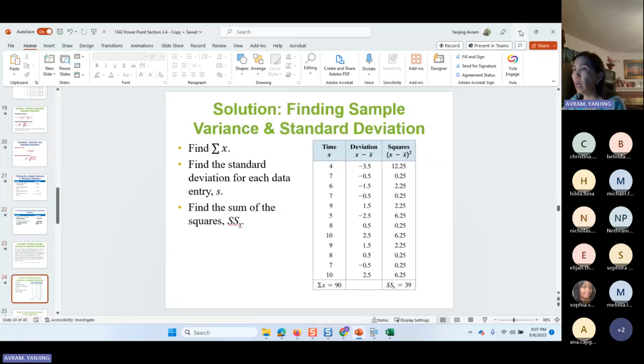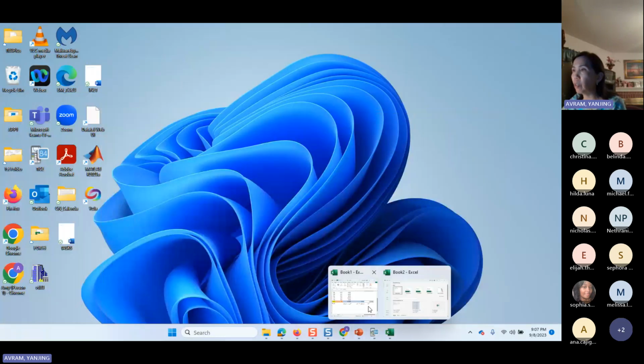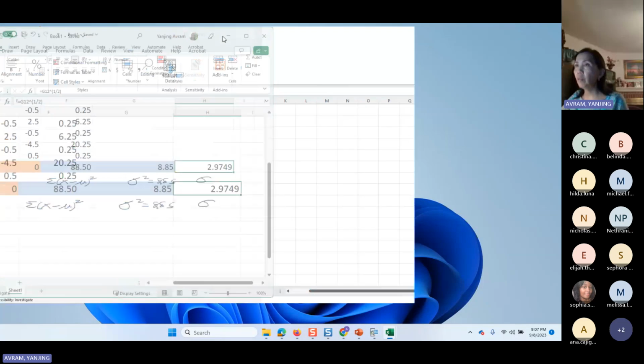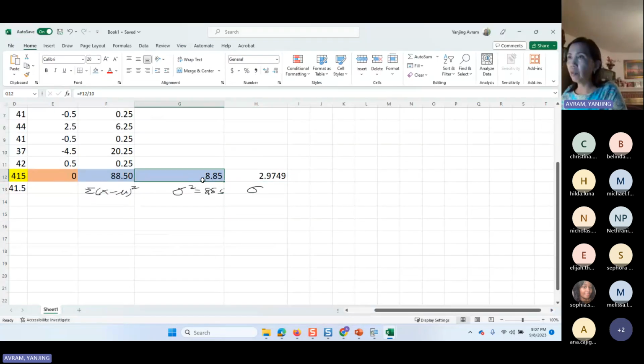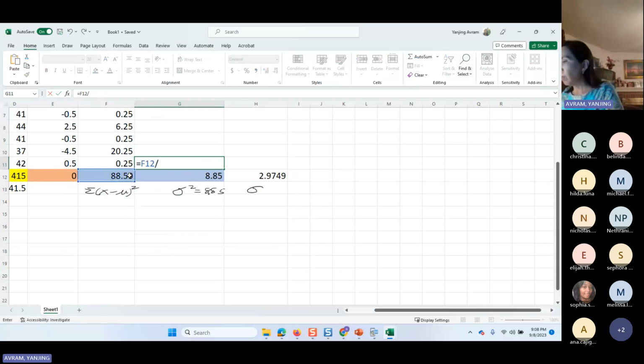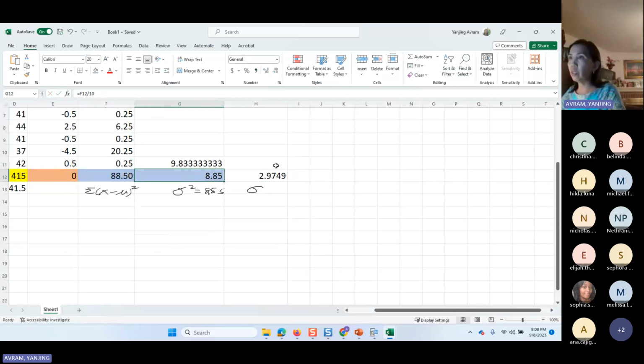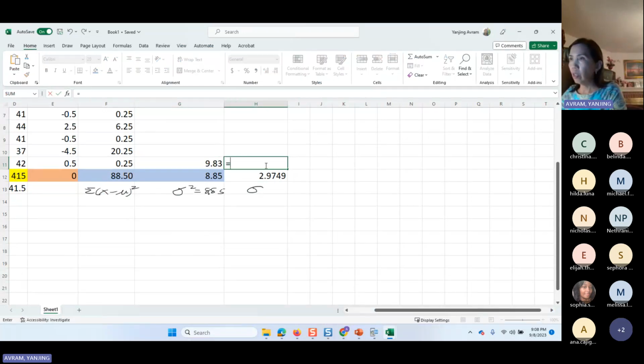So if I say this data set is from a sample, instead of dividing by 10, I'm going to divide by 9, which is 10 minus 1. That will give you the sample variance, and then take the square root.